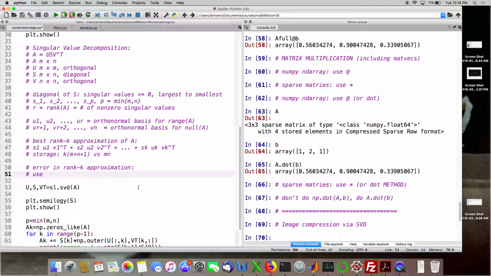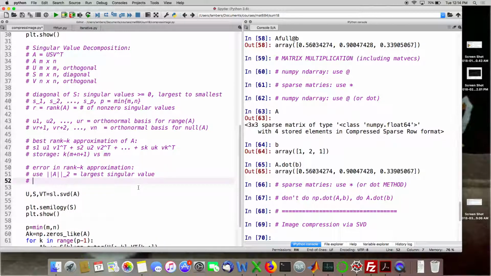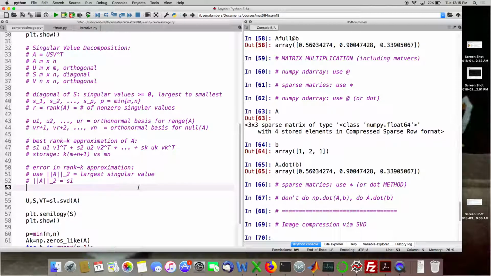Use the fact that the 2 norm of a matrix A is equal to the largest singular value. So in other words, for any matrix A, you compute a singular value decomposition. The 2 norm is just the largest singular value.